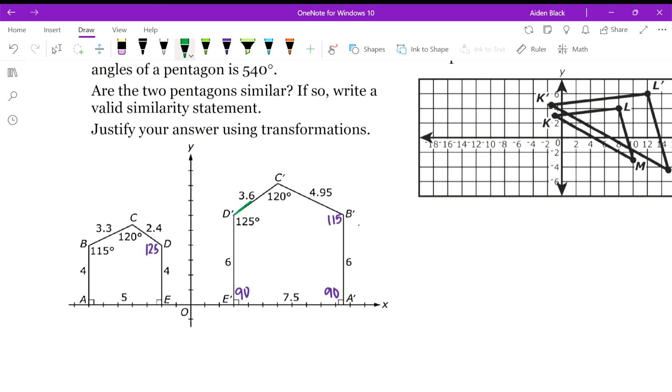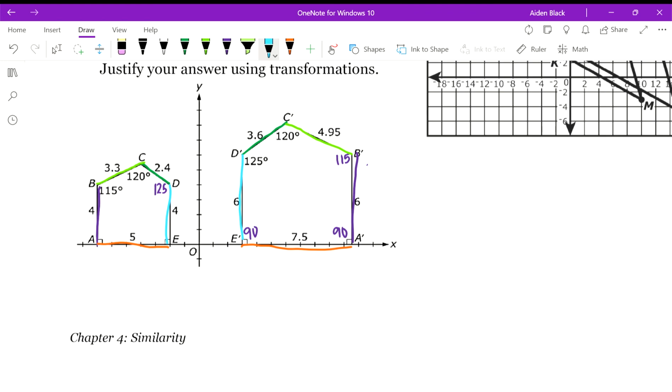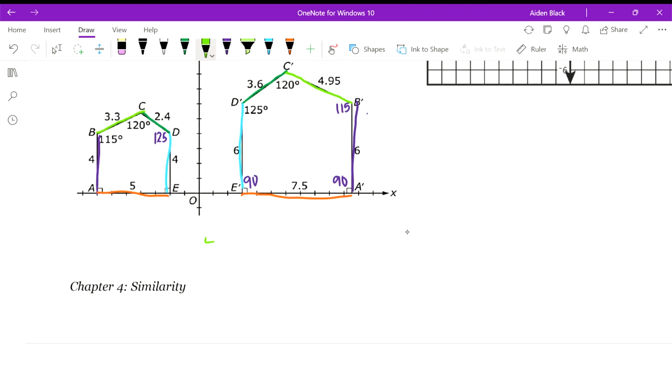From C to D corresponds with C prime to D prime. B prime to C prime corresponds to B and C. These correspond, and these correspond, and these correspond. So again, if two figures are similar, then corresponding side lengths are proportional. So what we can do is start out with 4.95 divided by 3.3.